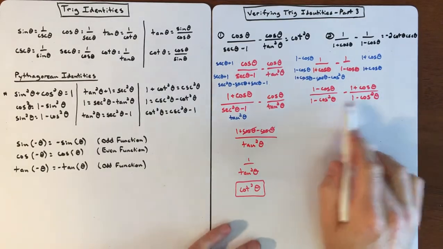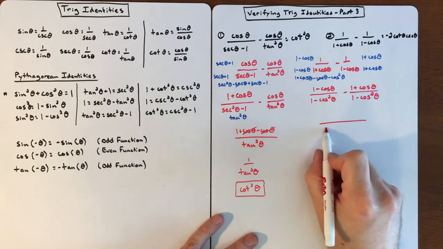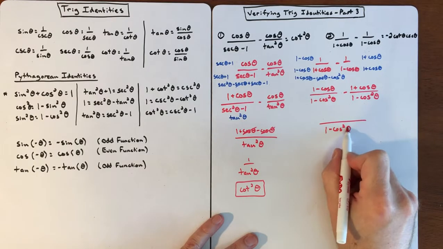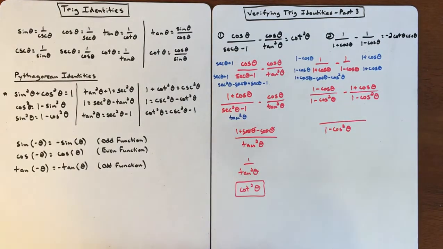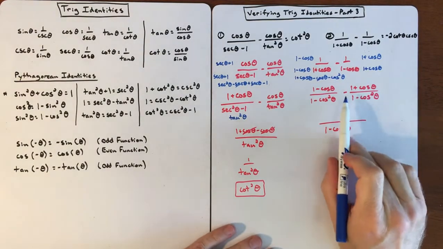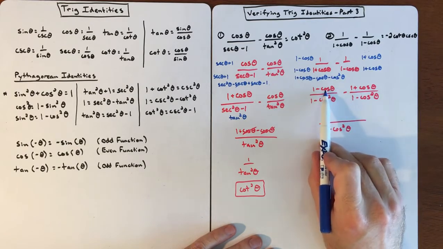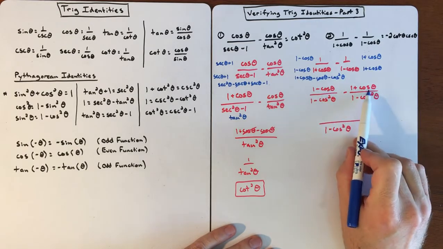Okay, so we have our common denominator. We're going to put pieces together. So it's 1 minus cosine squared theta. Now, one thing I would do, because I see students make mistakes on this all the time, we don't do this math right. We do a 1 minus 1 correctly, but then we don't do a negative cosine minus a cosine.